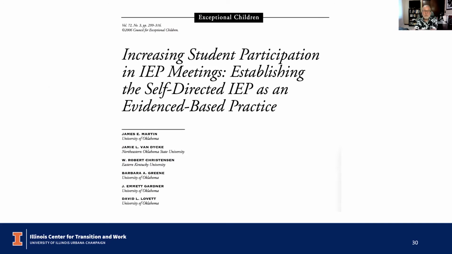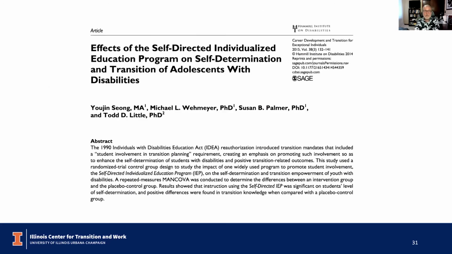Here's one study, a group design study, that found that it was an evidence-based practice. And a study done by Michael Wehmeyer and his colleagues at the University of Kansas found that the self-directed IEP also increases overall student self-determination.